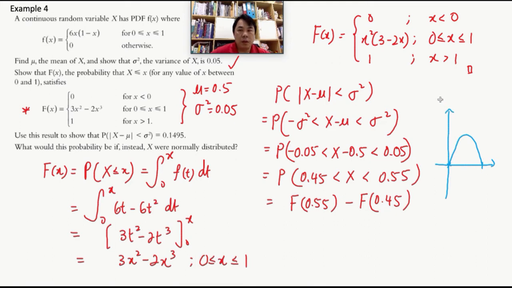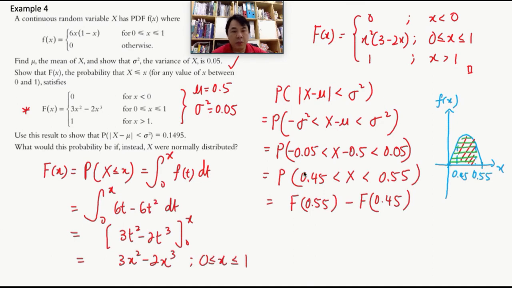For instance, this is f(x), this is x here. Now what we are looking at is there is a value 0.55 here, and then there is a value 0.45. We are interested to find out the area under the graph that is shown here. So what can we do? The first step is to find the total area from the starting 0 up until 0.55, which is given by F(0.55).